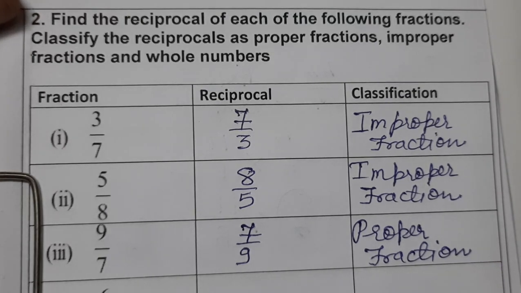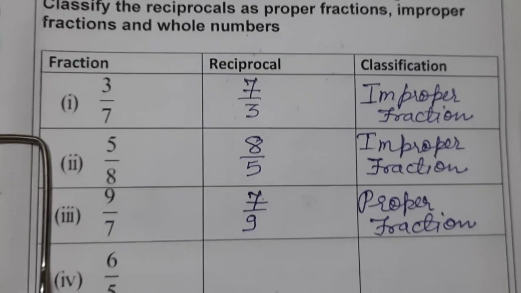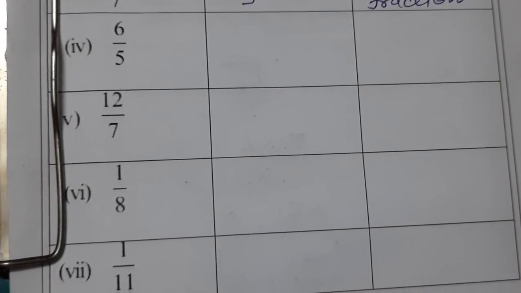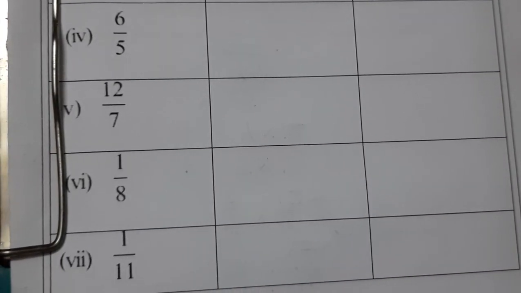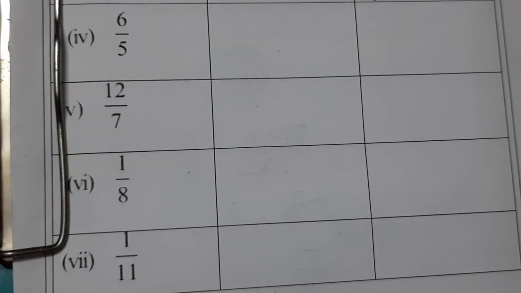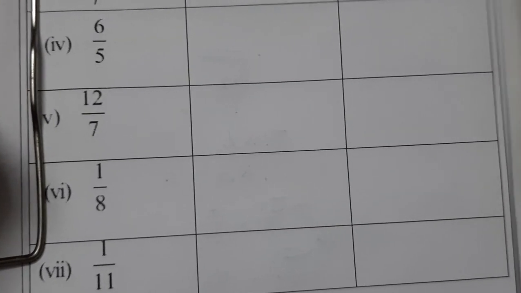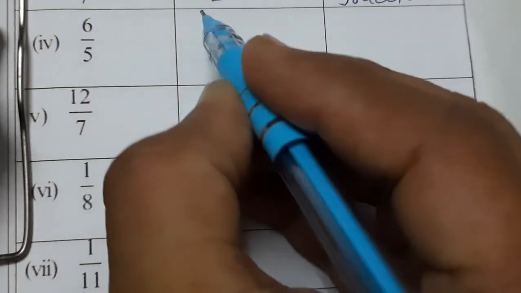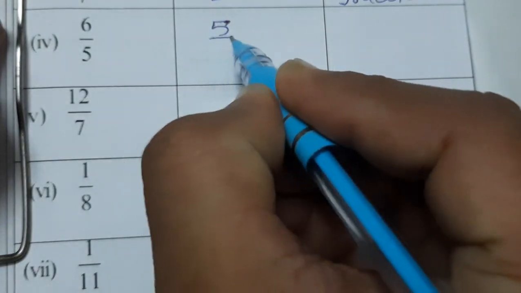Now, next one, see the next one, children. 6 by 5. So, what is the reciprocal of 6 by 5? 6 by 5 reciprocal is 5 by 6.